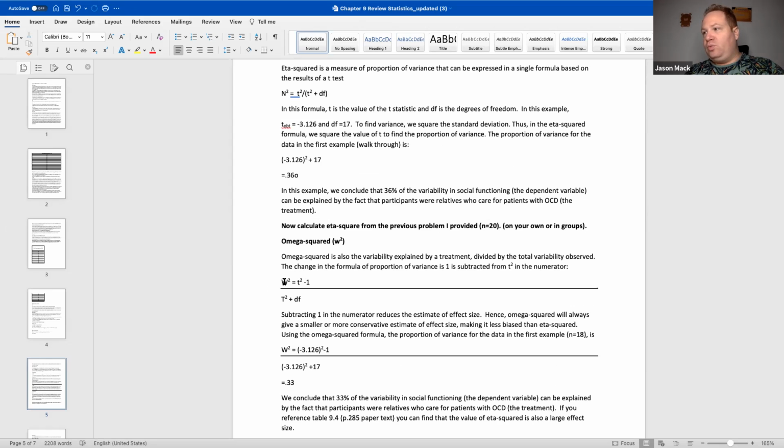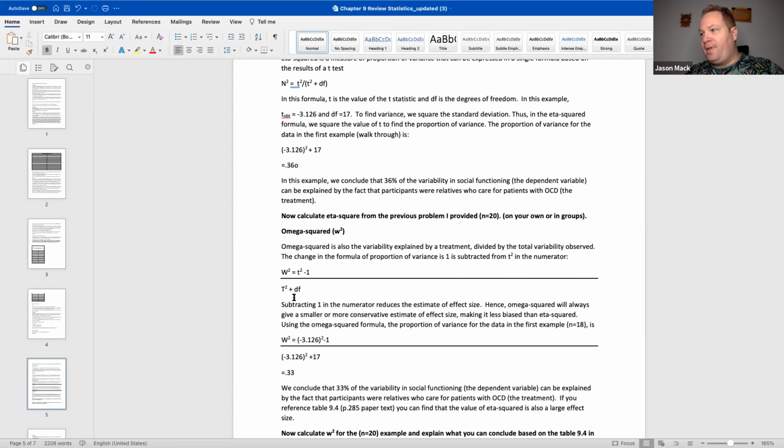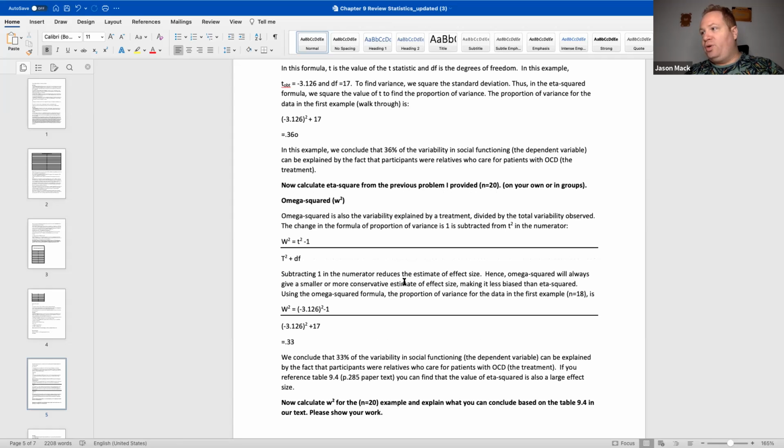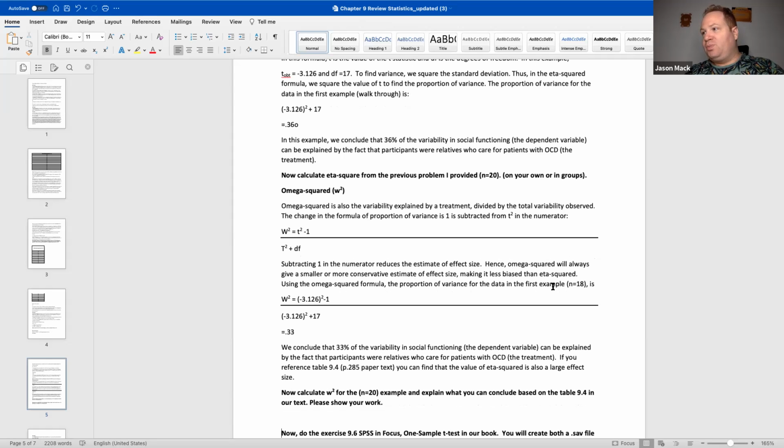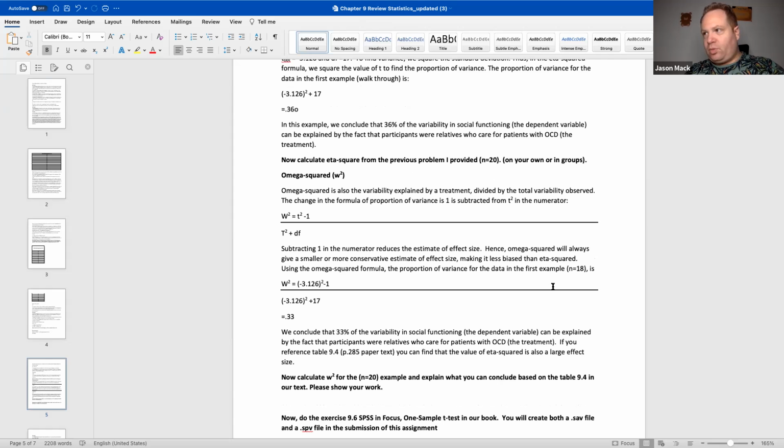So W squared, or omega squared, is equal to t squared minus 1 divided by t squared plus degrees of freedom. So subtracting 1 in the numerator reduces the estimate of the effect size. Hence, the omega squared will always give a smaller, more conservative estimate of effect size, making it less biased than the eta squared.